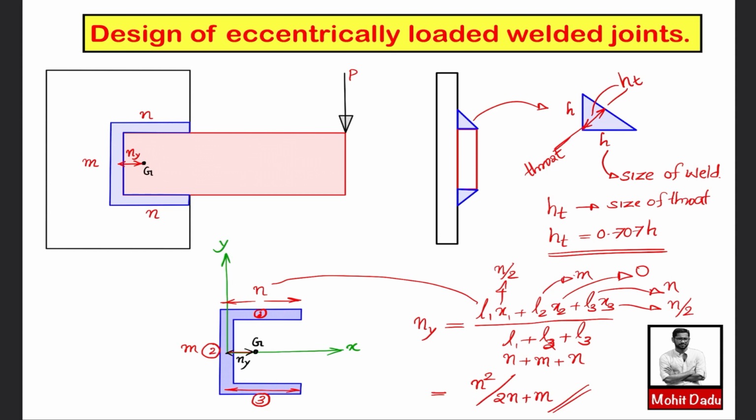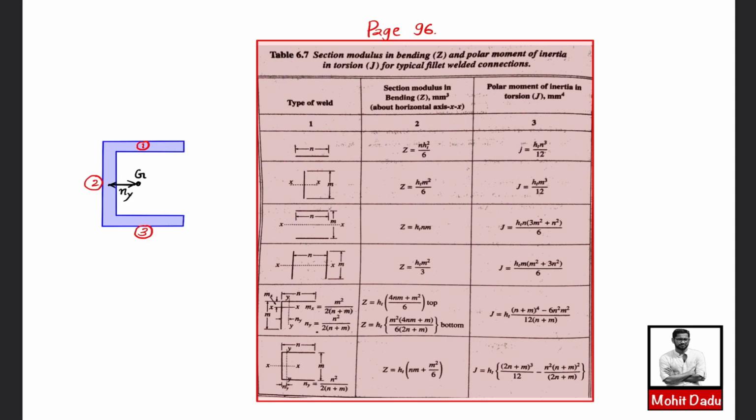So first step is this one, and the same equation I will be showing in the data book, but there is a mistake. In data book page 96 in table 6.7, you can find the CG of all weld sections. Here our weld section is coming in the form of this C or 3 lines. So you can find that same figure here, and here it is given the value of ny.